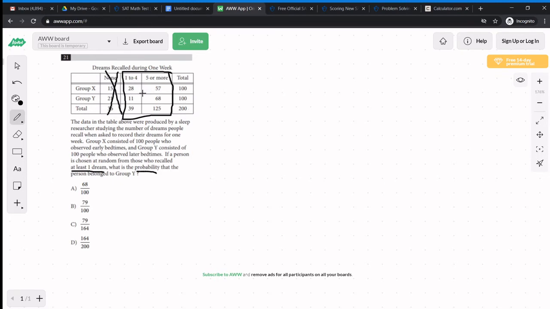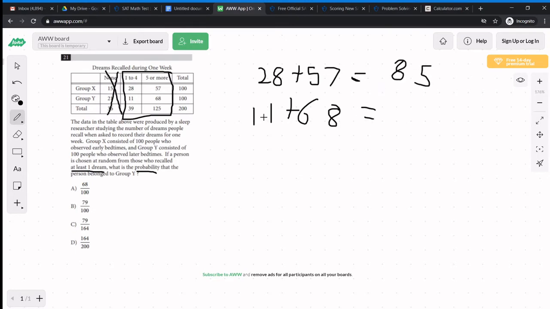So in this one we have 28 plus 57 belong to group X, and 11 plus 68 belong to group Y. So 28 plus 57 here is 85. 11 plus 68 is 79.